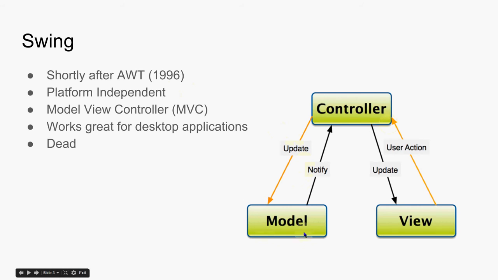Essentially, the model is your underlying data. This can be a database containing a bunch of information. It's the underlying functionality of your program, and the view is the entry point and the thing that users actually interact with, such as a graphical user interface or a website. With MVC, rather than directly hooking up the graphical user interface to your underlying model, you introduce a third component known as the controller.